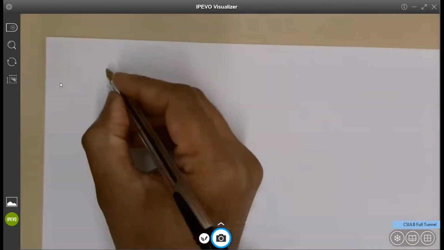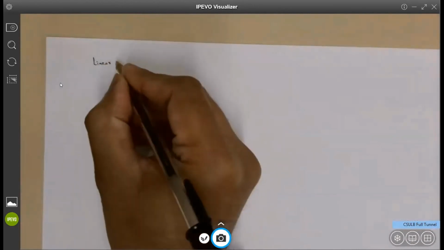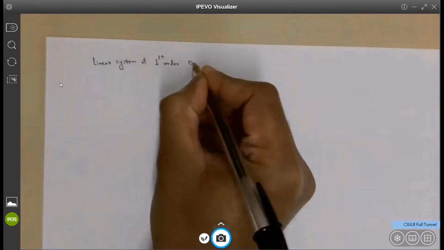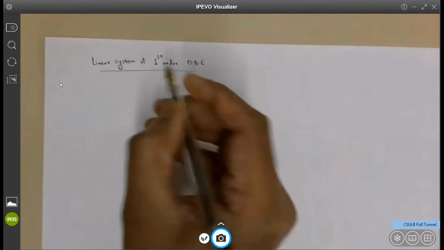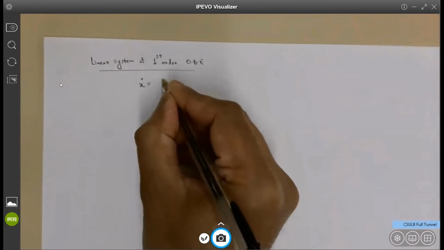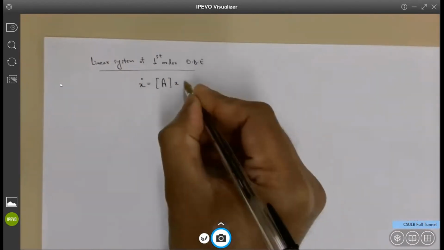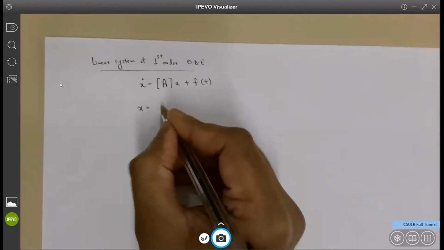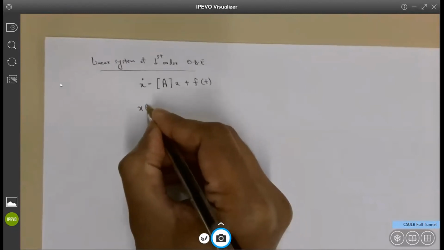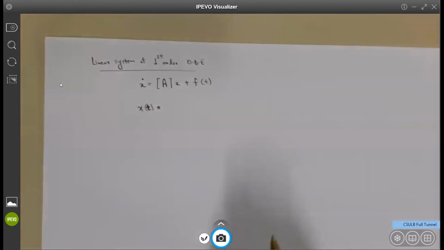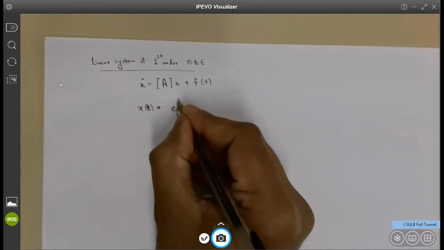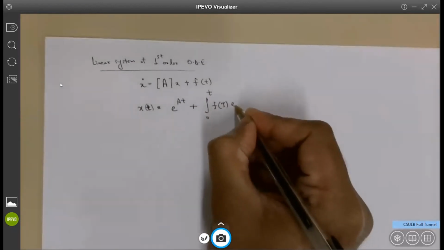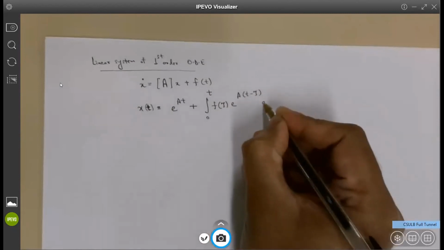So if you have a linear system of first order ODE, where X dot is equal to A matrix X plus f of t, the solution is given by X of t is equal to e to the A t times X0 plus the integral from 0 to time t of e to the A times t minus tau, f of tau, d tau.